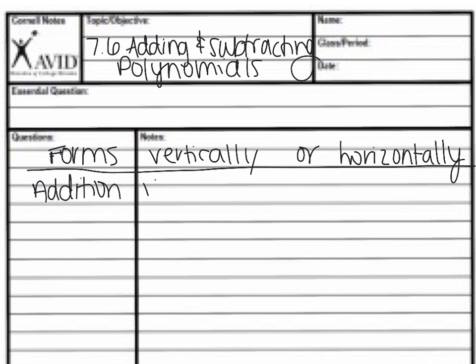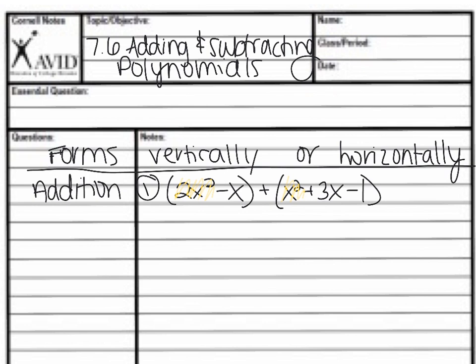All right, my first example is 2x squared minus x plus x squared plus 3x minus 1. All right, so when we add polynomials, we pretty much just look for their like terms. So I know that 2x squared and x squared are like terms.